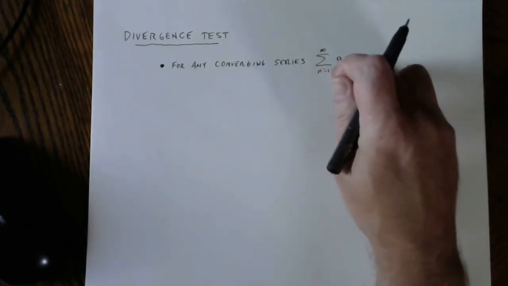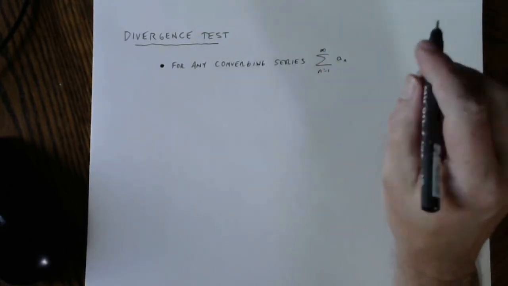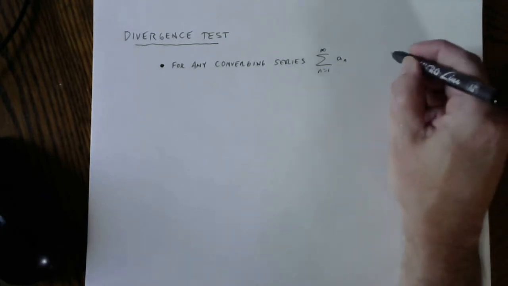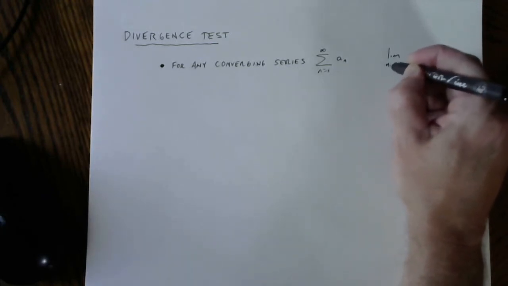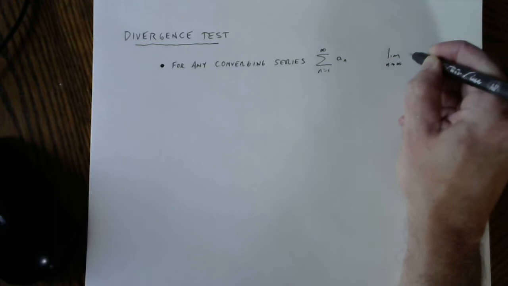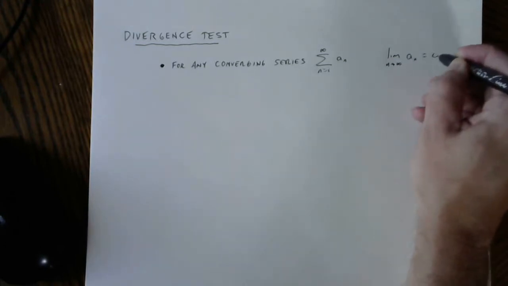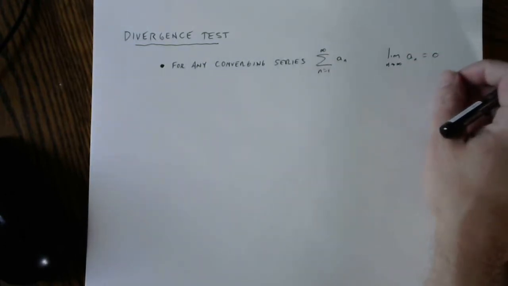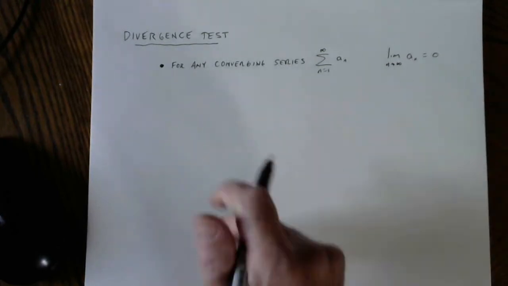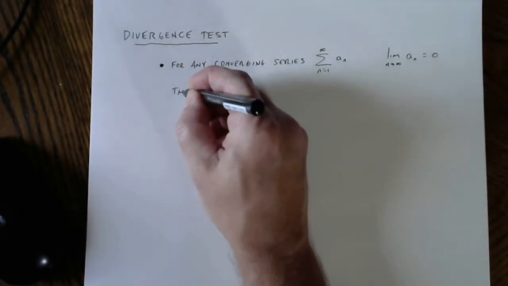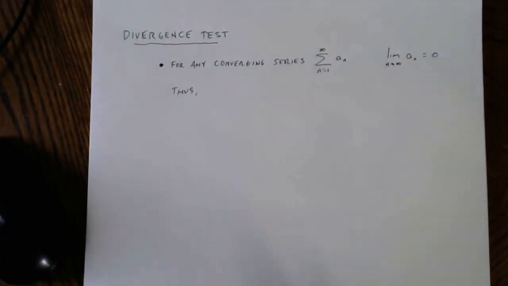If this series converges, there is a fact that is indisputable, and that is that the individual terms that you're adding up go to zero. And so that's not the test, that's a statement. The test will come here.